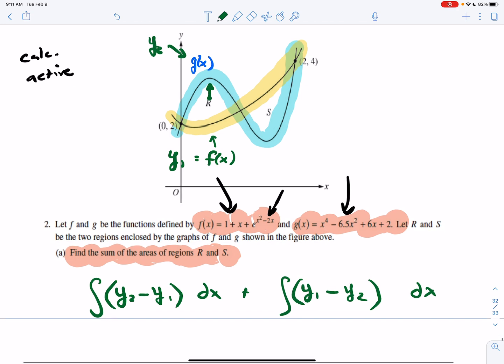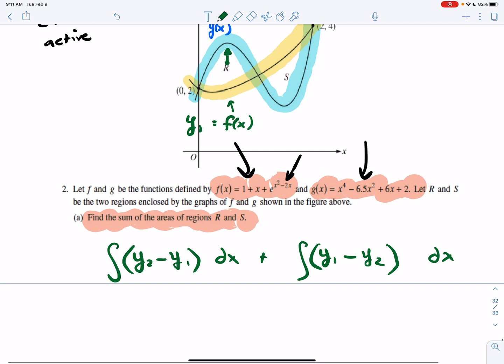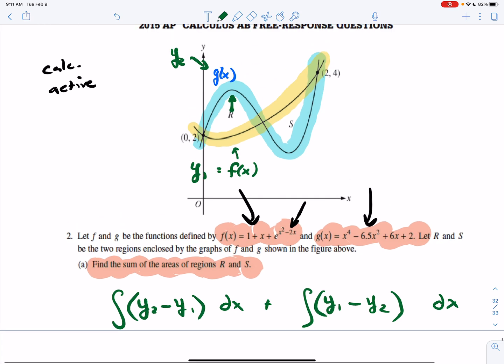The only thing we're missing here are bounds. Okay? So to find the intersections, you would have to second trace 5 three different times. Okay? Or actually one time. Because here, they actually give you the intersection. It's 0 and 2. So I know I start at 0 and I end all the way at 2. We just need to find out what this guy is. Okay, so go ahead and find it.